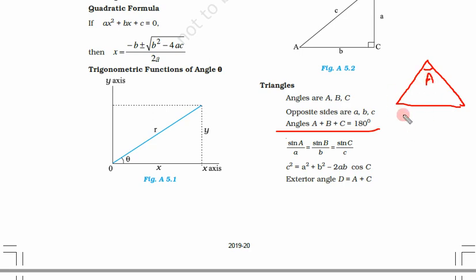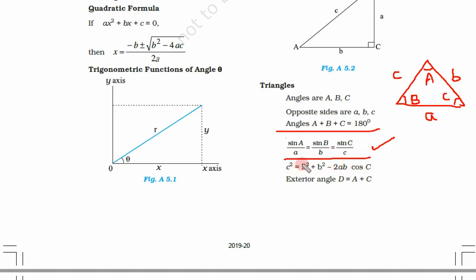This angle is A, this angle is B, this angle is C. The side just opposite A is called side a, opposite B is b, and opposite C is c. In any triangle, sine A by a is equal to sine B by b is equal to sine C by c. This is true. Write this identity.